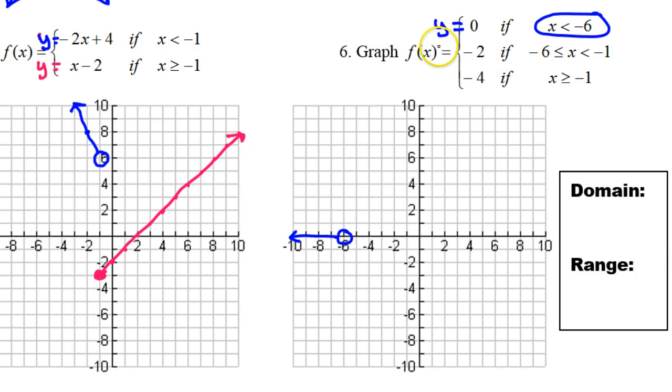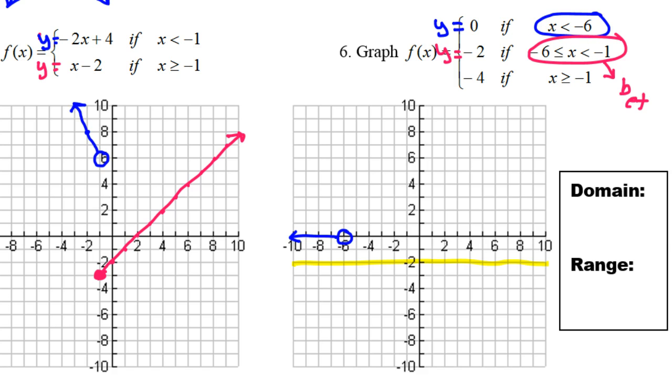And so for the second piece, think y equals negative 2. And again, y equals negative 2 is a horizontal line at negative 2, like this. Okay, when you see this kind of domain restriction that has a beginning and an end, you should think between.